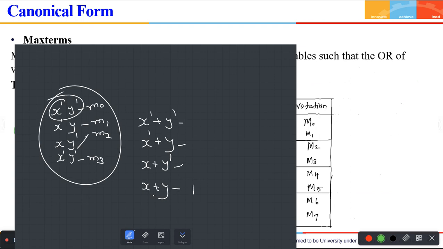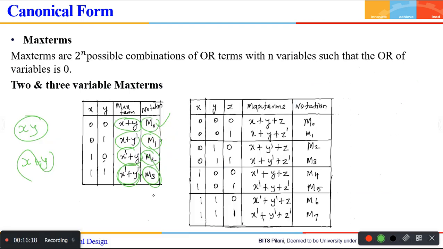So this will be your M0, this will be your M1, this will be M2, this will be your M3. Understood this? This is very important to remember.